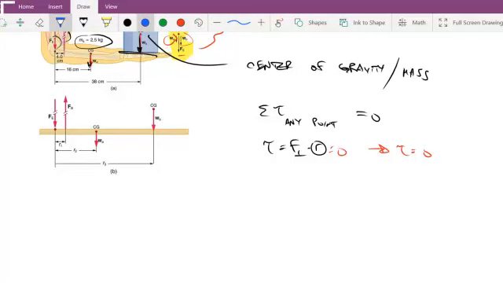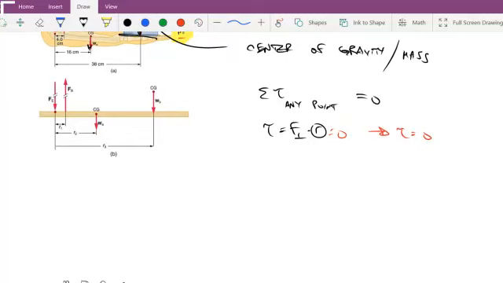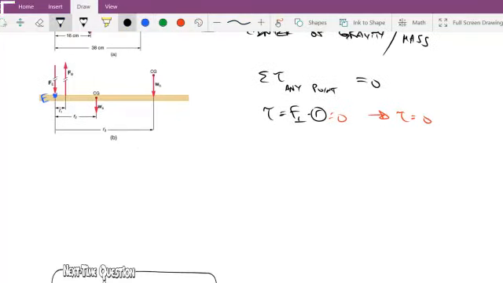So let's take the sum of the torques around this point here. I will call this point E, for where the elbow acts. So the sum of the torques around point E will be equal to force E, I'll put this in for completeness, times the moment arm, the perpendicular distance from point E to the line of action of E, which is 0.